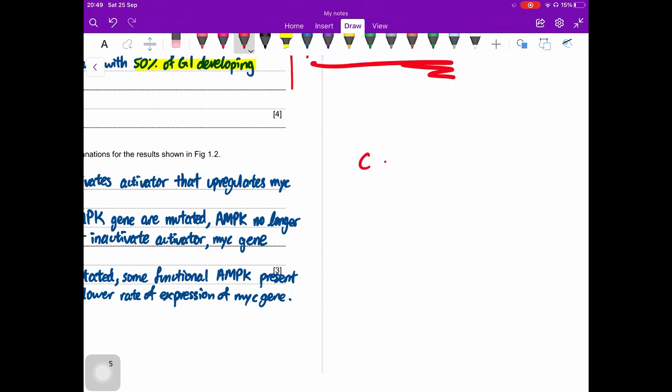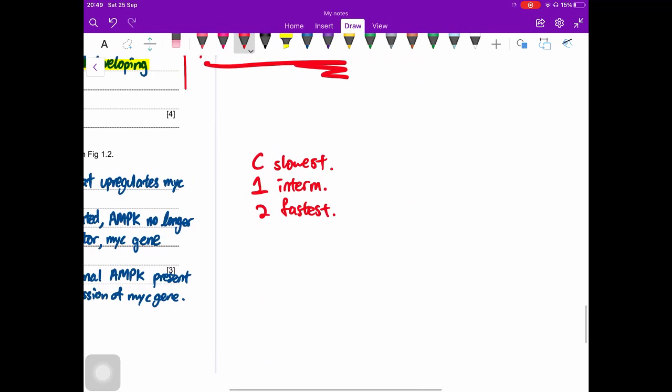So control group, slowest. Group 1 is the intermediate. Group 2 is the fastest. Then we link it to 2 plus, 1 plus, 1 minus, 2 minus.